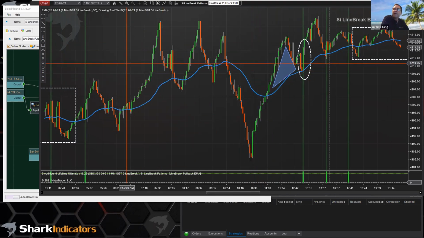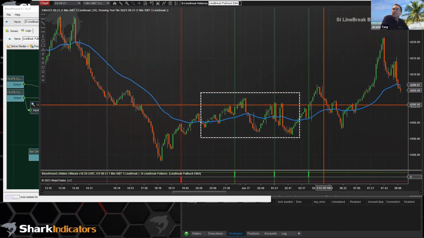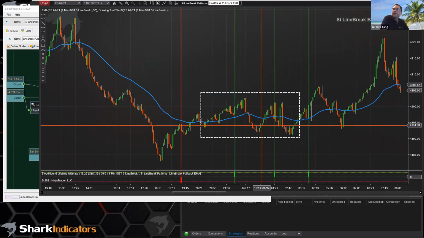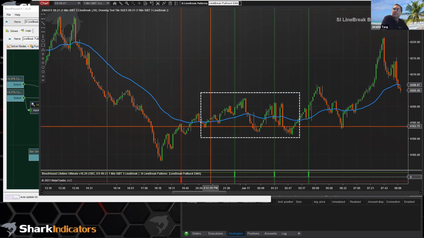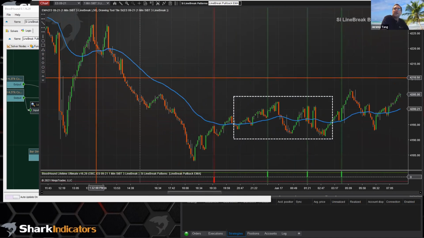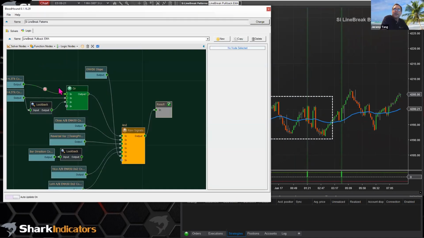And so back here, right, we're missing that separation. So the market is basically crisscrossing our moving average quite a few times. And so another thing I can do is we do have this one node here.